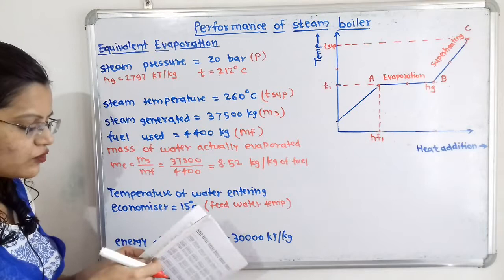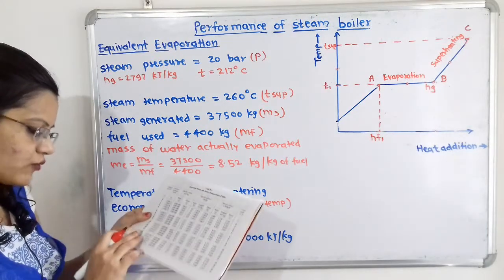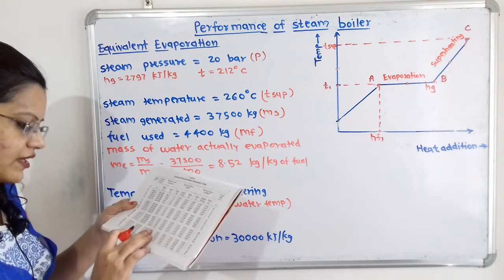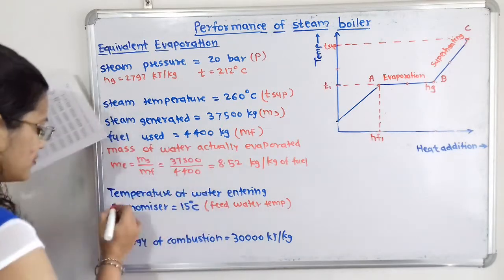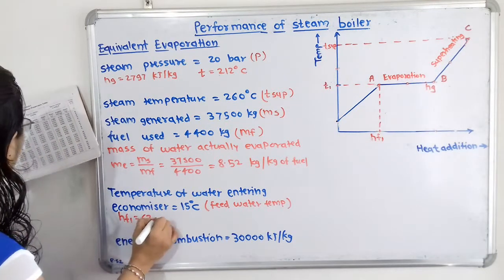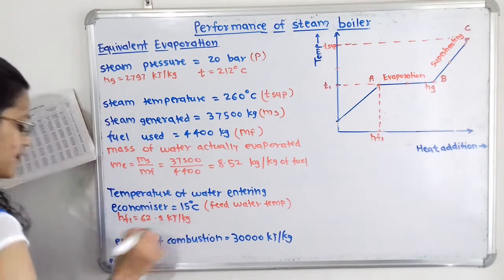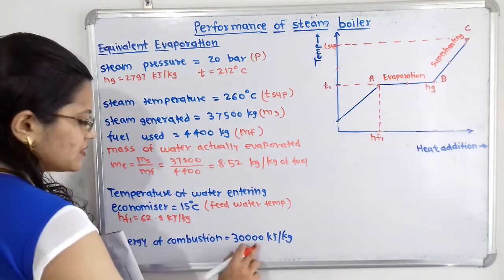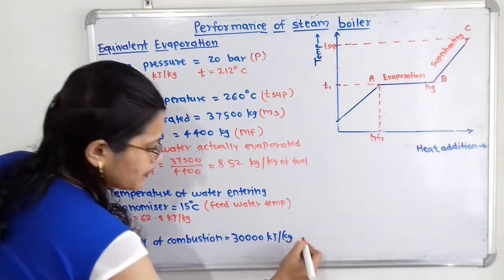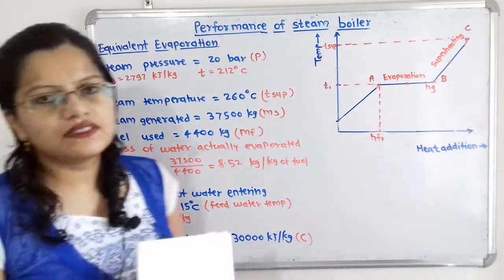In the first column temperature is given, and we find the value of HF, that is 62.9. So HF1 is equal to 62.9 kilojoule per kilogram. Now energy of combustion is given, 30,000 kilojoule per kilogram. So we will say C, the value of C is given.